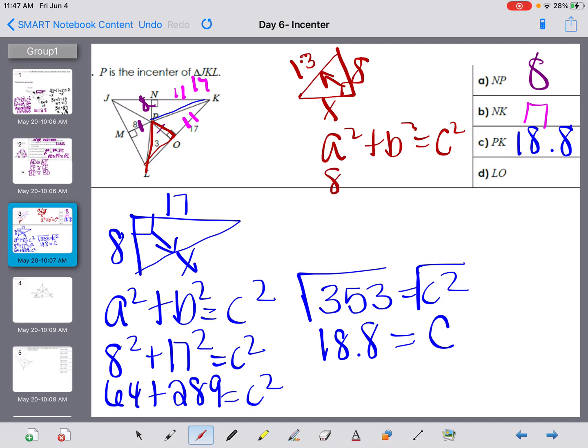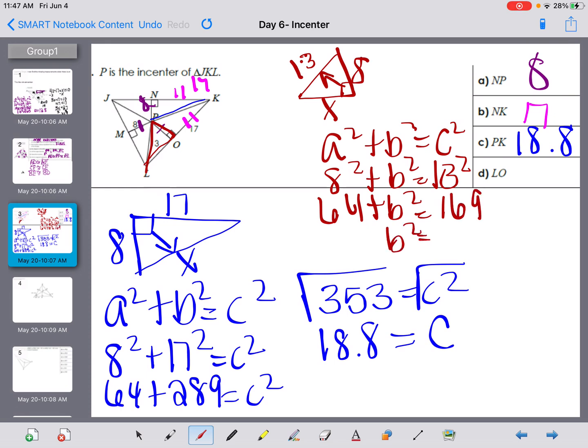In this case, we have 8 squared plus B squared equals 13 squared. 64 plus B squared equals 169. B squared equals 105, and I take the square root. B equals 10.2. Okay, so all I had to know there is what is congruent, and I had to do the Pythagorean theorem. Again, copy this down in your notes.